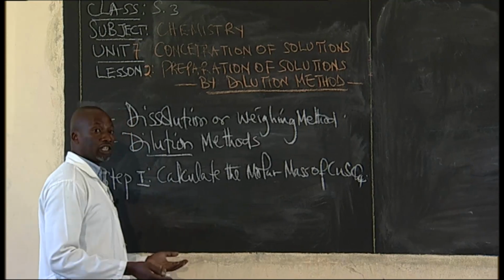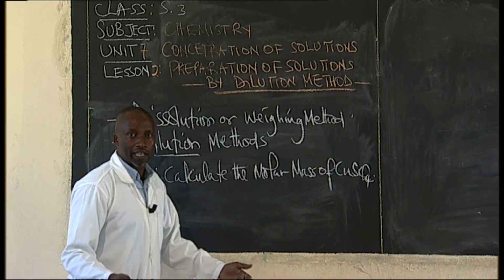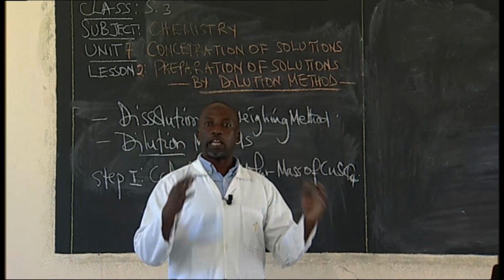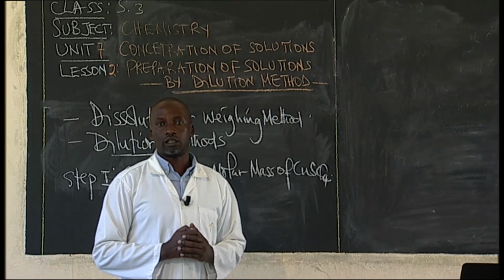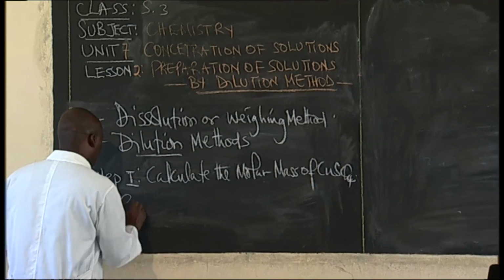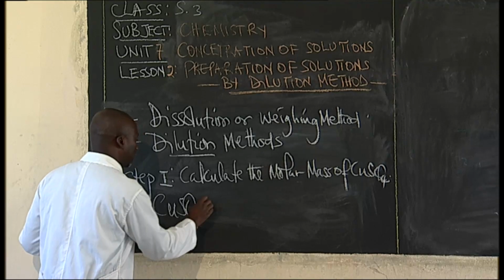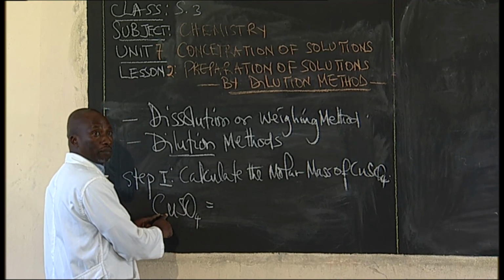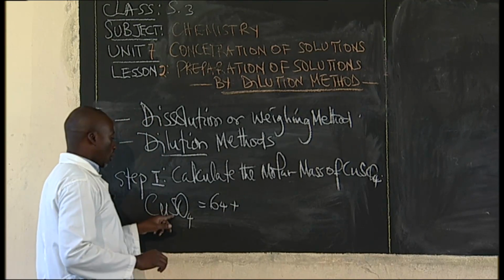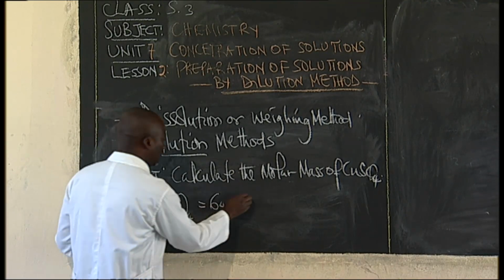When we are calculating the molar mass, we use atomic masses. And I said you need a periodic table. That is where you are going to get these atomic masses. For example, for the molar mass of copper 2 sulfate, the atomic mass of copper is 64. The atomic mass of sulfur is 32.